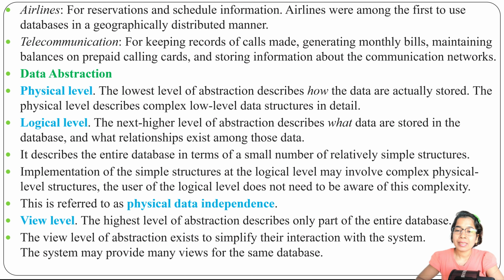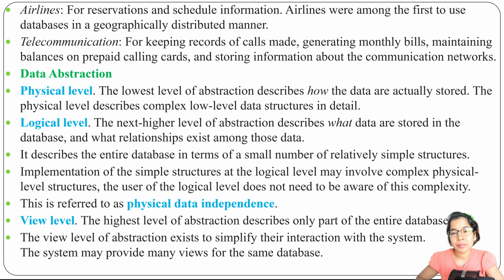Okay, so there are three levels of abstraction: physical level, logical level, view level. Physical level is the lower level that describes how data will be actually stored. Logical level is the next higher level, or you can say intermediate level. So that says about what data will be stored and what relation exists between this data. Next is view level. So how it will be viewed. Okay, how the system can view it.